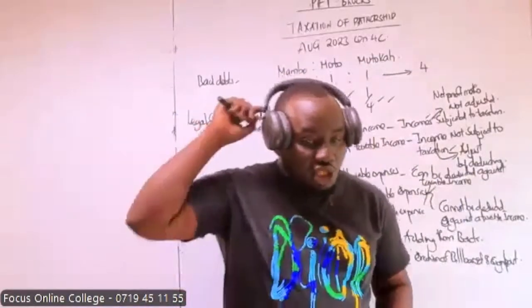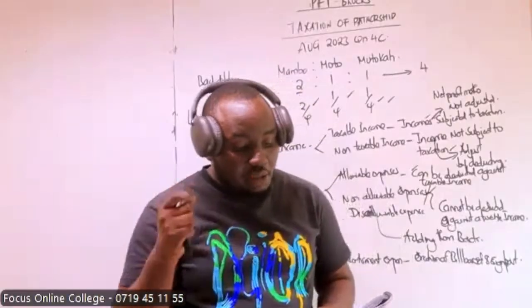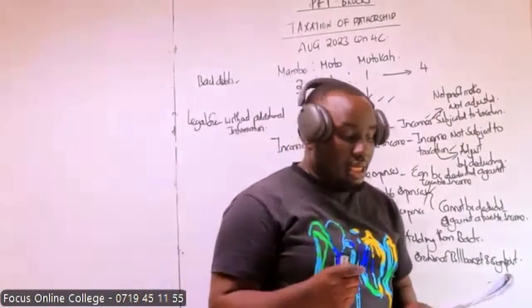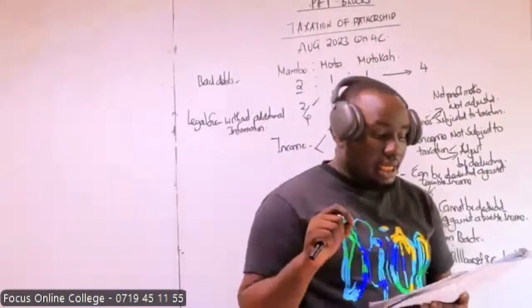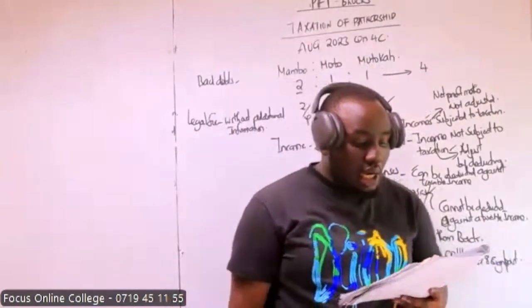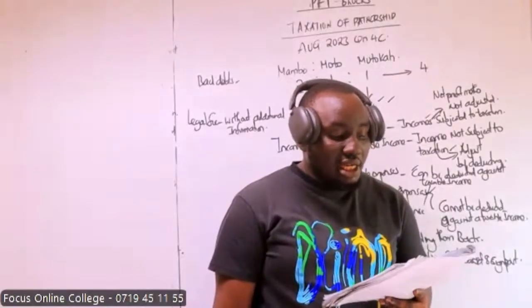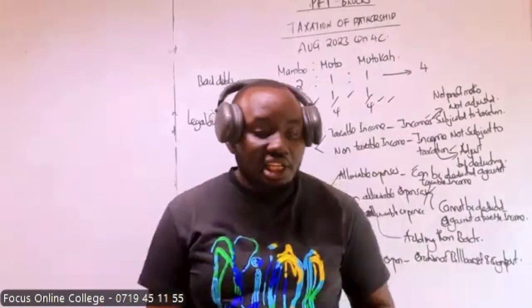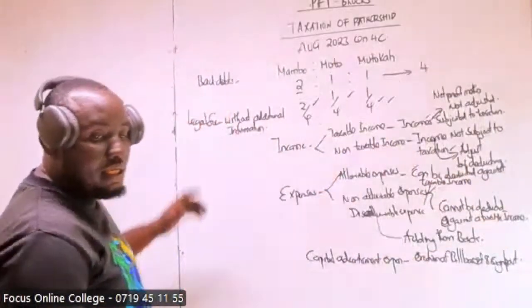We proceed to the second additional information. The examiner tells us that general expenses comprise the following. Number one, we have partners and their party. How do we treat that?